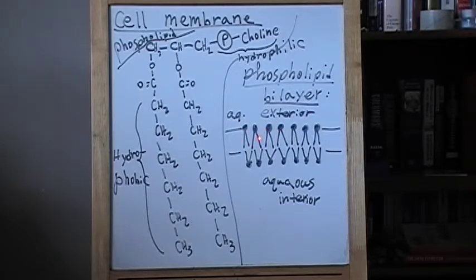So outside of the cell you have an aqueous exterior, and inside you also have an aqueous interior of the cell, and the hydrophilic parts of these phospholipids point towards those aqueous compartments, and the hydrophobic tails face inwards.